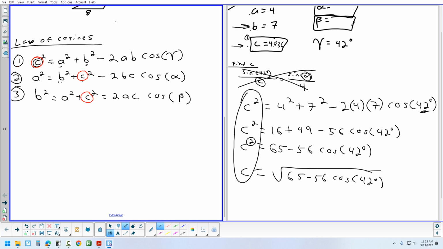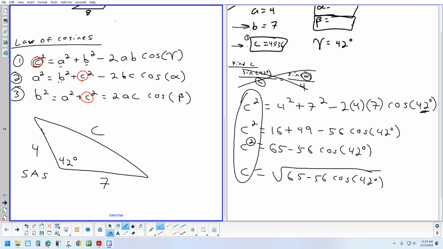Let's draw the triangle we have. We were given A, we were given B, and we were not given C, so I'm going to leave that as C. And that angle was 42. What kind of triangle did we say this was originally? Yeah, it's side angle side, which is law of cosines.